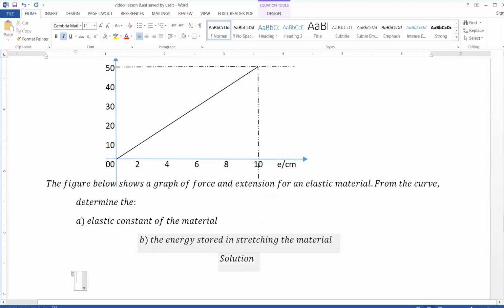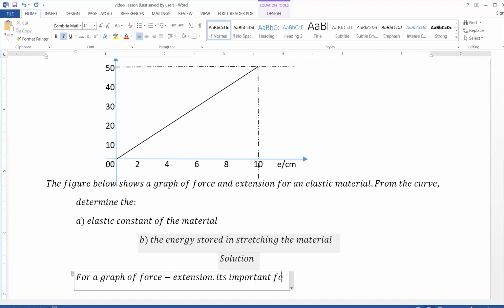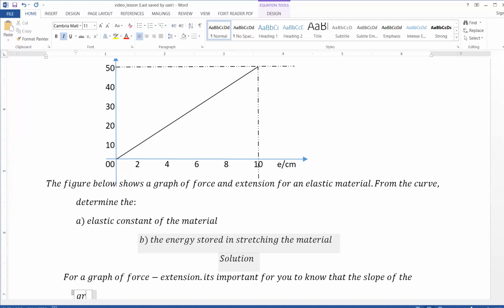For a graph of force versus extension, it is important for you to know that the slope of the graph represents the force constant, and the area under the graph is the work or energy.